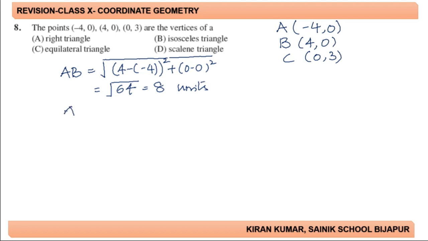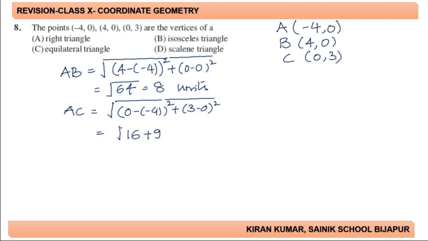In the same way, I'll find the length of AC, which is under root of 0 minus of minus 4 whole square, plus 3 minus 0 whole square. This will be root of 16 plus 9, which is 25, and root 25 is 5 units.